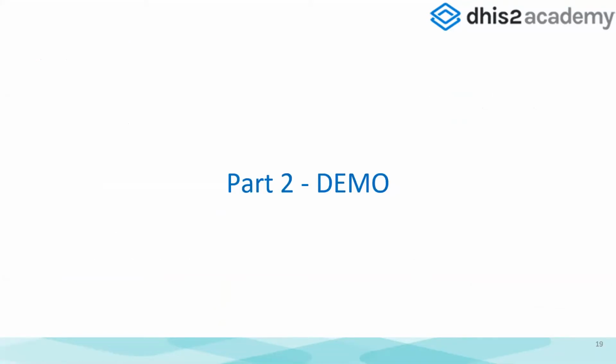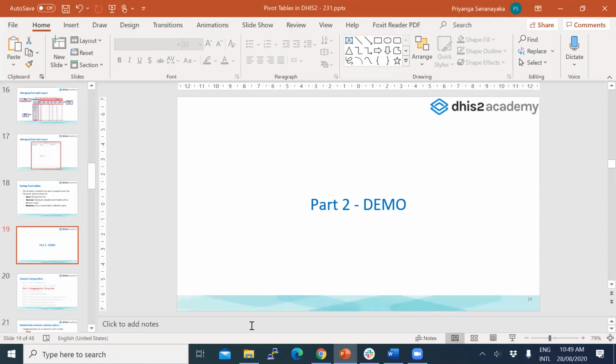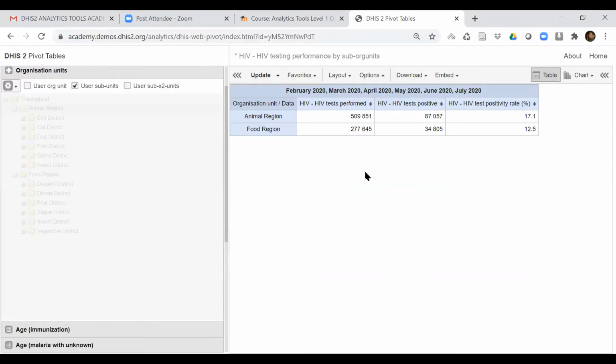Now, the basic theory part is over. We are moving to the demo. So here you can see our period. We have selected the last 6 months for this table to be included.